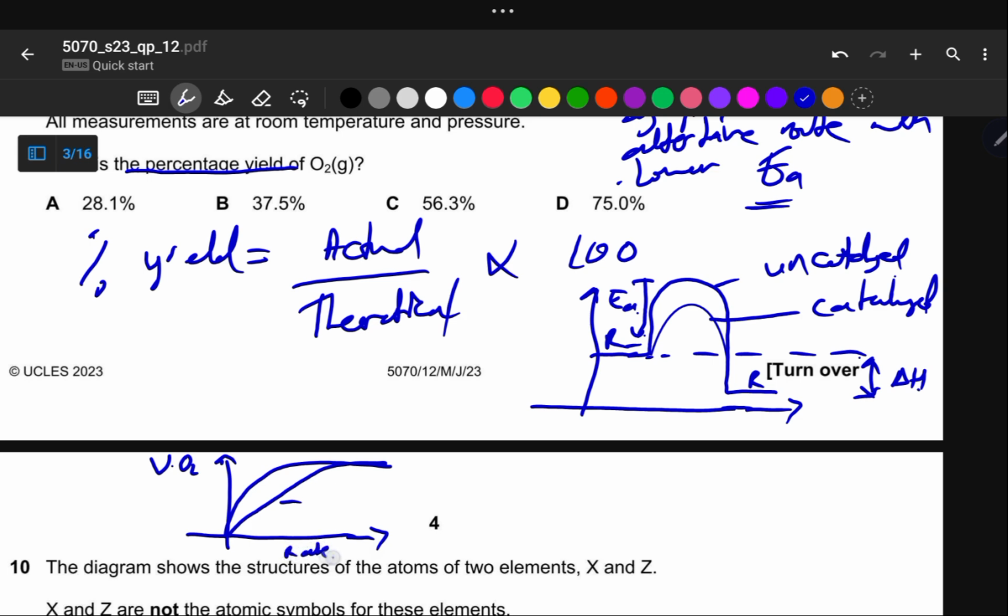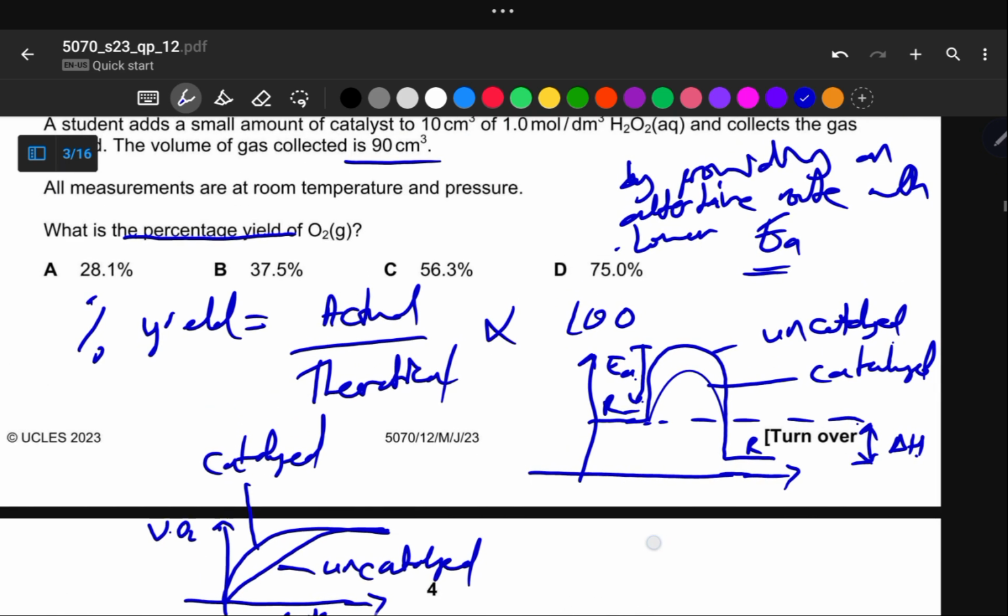The volume remains constant at a given point, but the curve which is steeper is the catalyzed reaction, and this one is the uncatalyzed reaction. You should take note of these two curves, right?